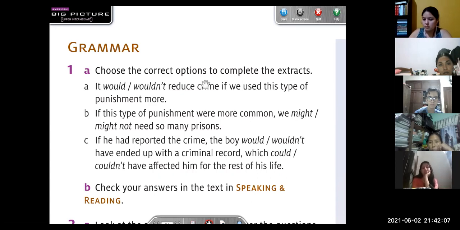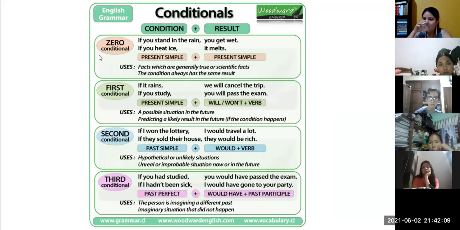These are the conditional sentences. We have zero conditional, first conditional, second conditional, and third conditional sentences. So we have four. You need to know how to use these four kinds of conditional sentences. If you don't know how to use them, you need to practice to remember, because this is something you have learned in the past.